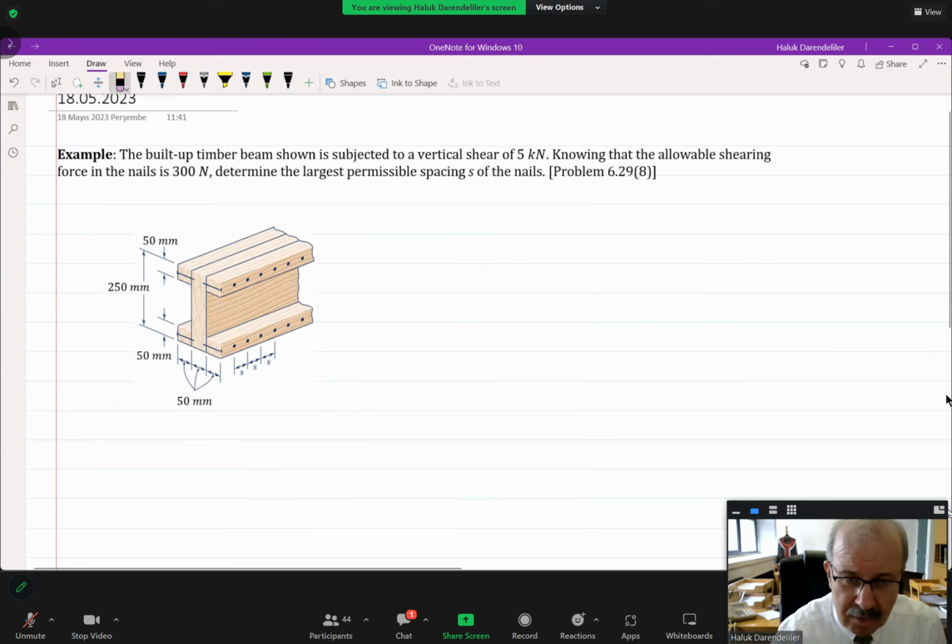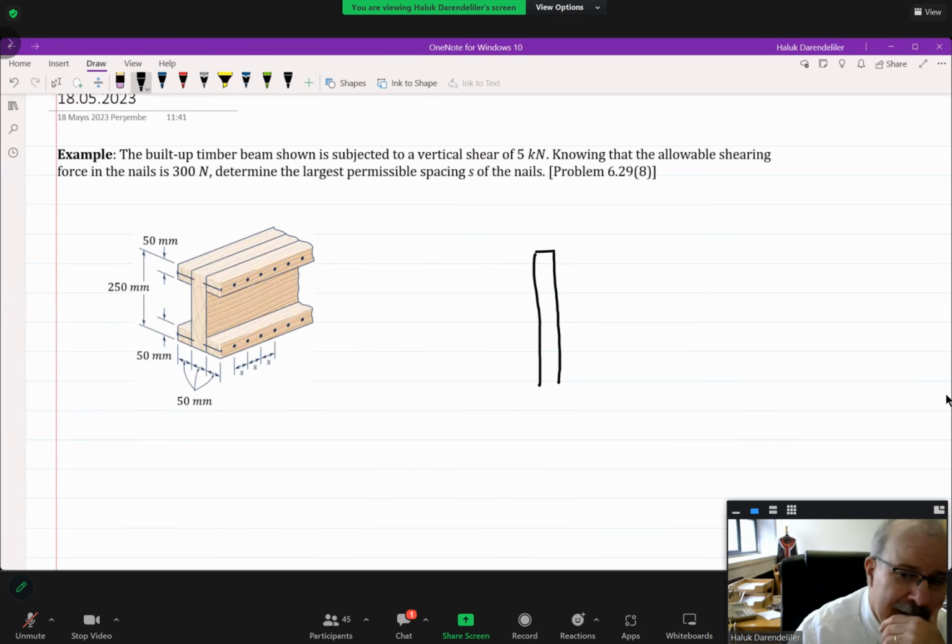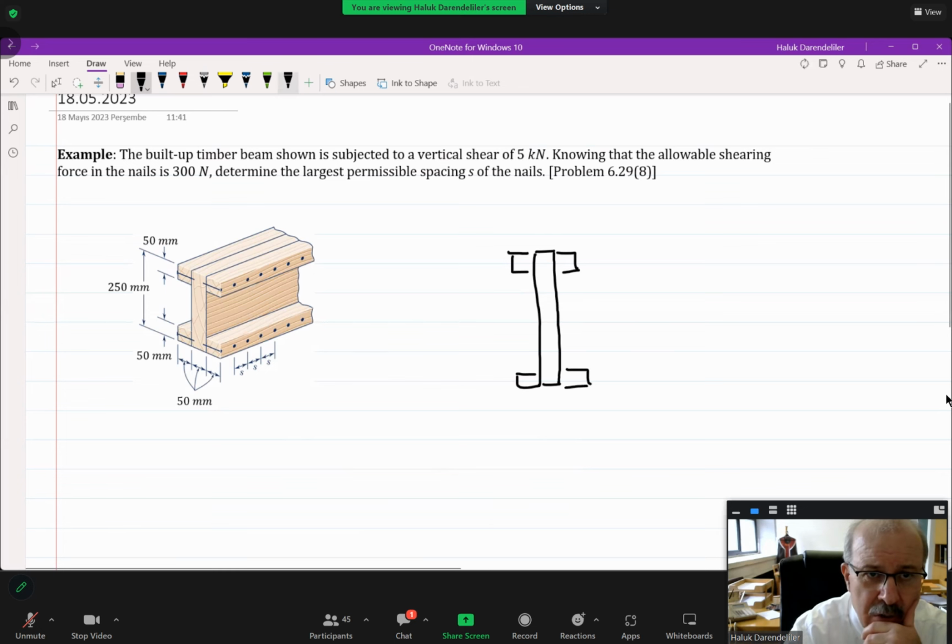But anyway, we will start with such a cross section. Very briefly, we have this middle board here, and then we have these pieces, as you see, and let's attach a coordinate system.